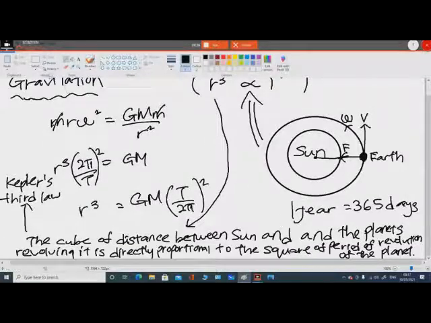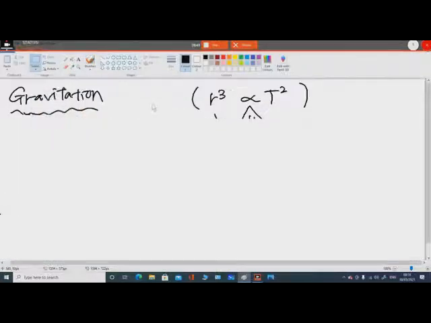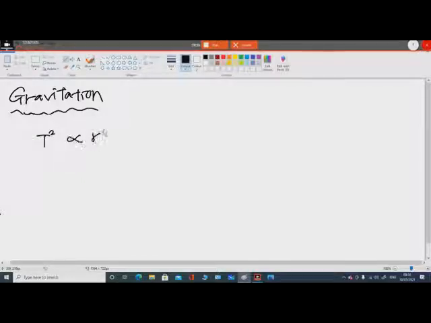So okay, let me erase this one, and this one as well. Alright, from this equation, T squared is directly proportional to r cubed.